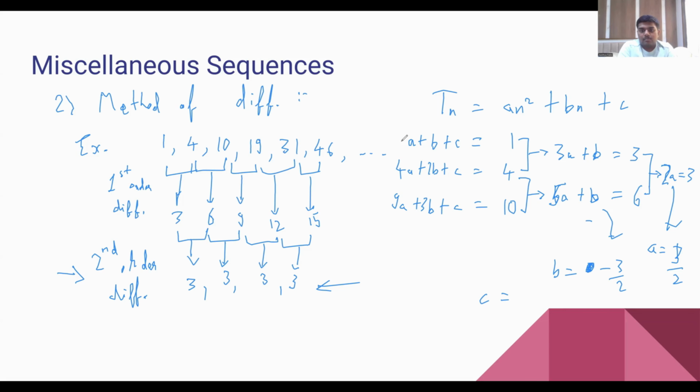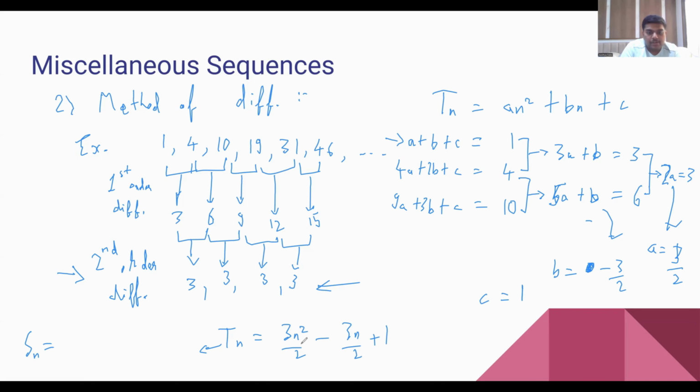And lastly, putting the values here, we get c is equal to 1, because a plus b plus c is 1. So Tn is equal to 3n square by 2 minus 3n by 2 plus 1. Now, in this scenario, we can directly comment on the Sn based on the formula that we learned. So let me make up the Sn over here.